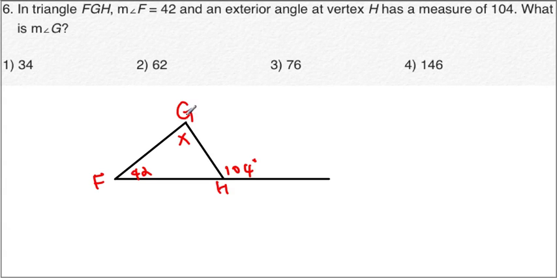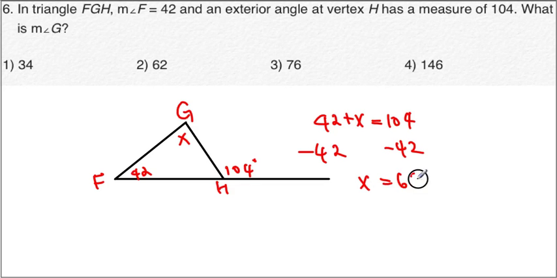This has to be point G. Then what is the measure of the angle at G? We realize that the sum of the two angles has to be equal to its exterior angle. So here we get 42 plus x will be equal to 104. By subtracting 42, we realize that x must be equal to 62 degrees. Choice 2 becomes our answer.